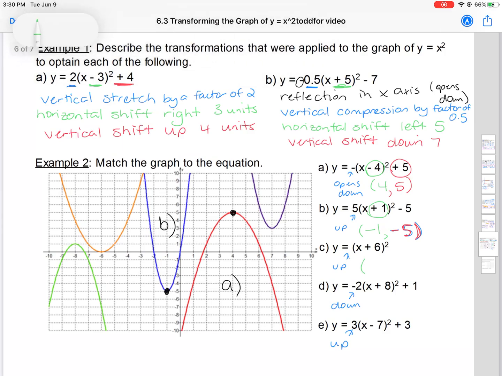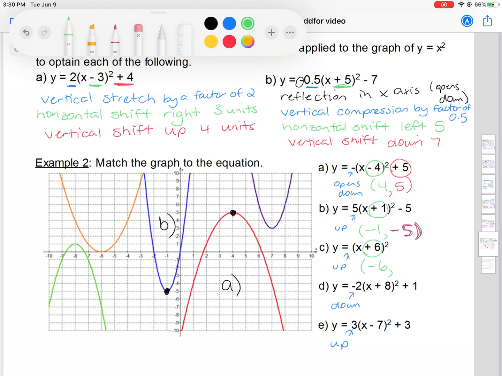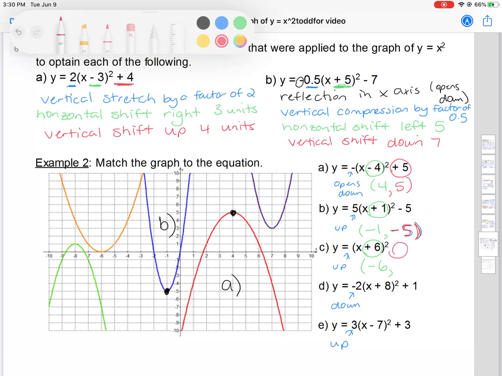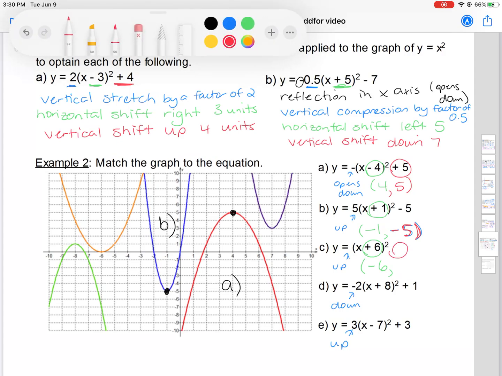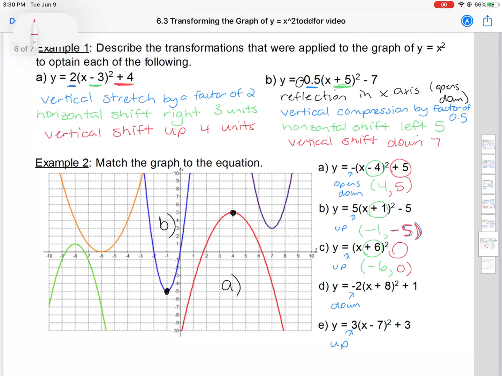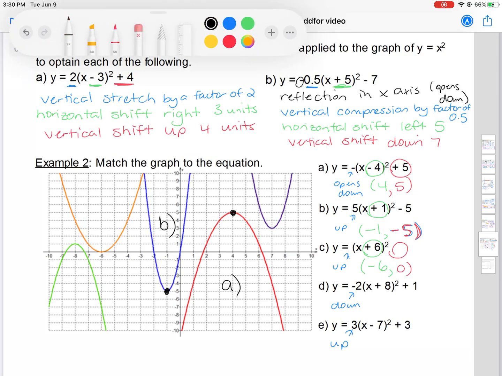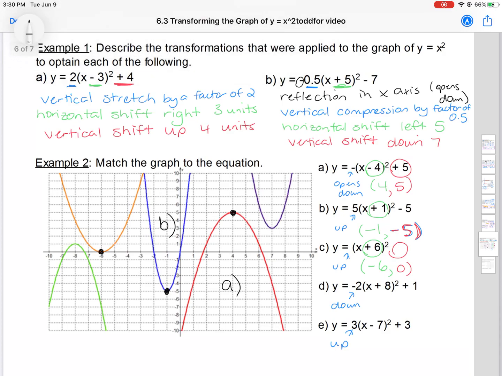This one has shift -6. But no Q value out here. So that means 0. So -6, 0. That's this one here. Just double check.